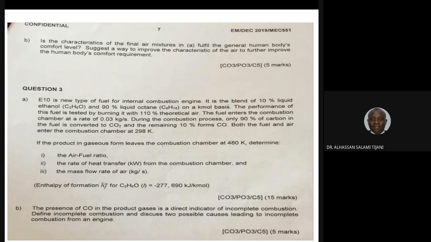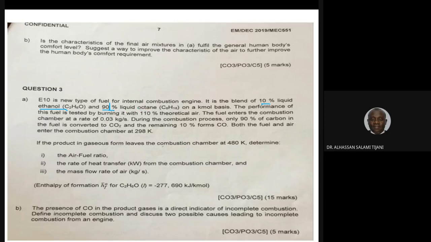It is the blend of 10% liquid ethanol, whose chemical composition is this, and then 90% octane.